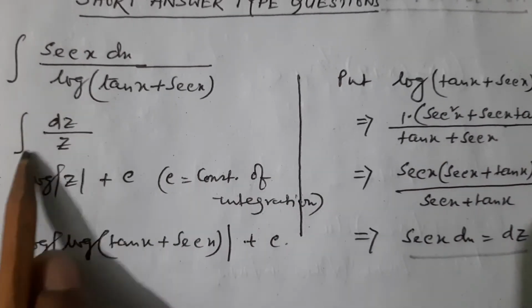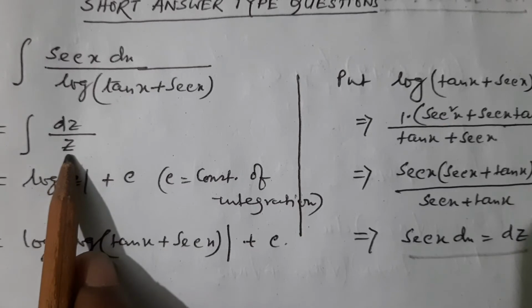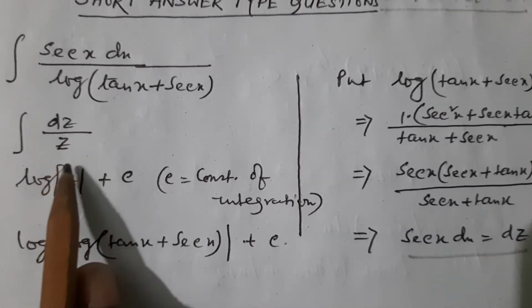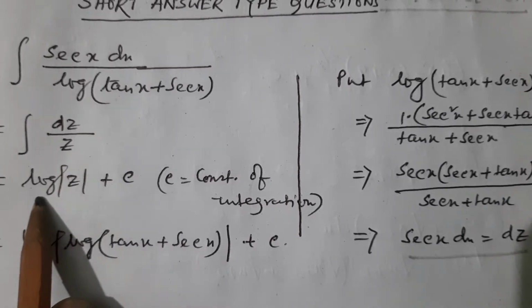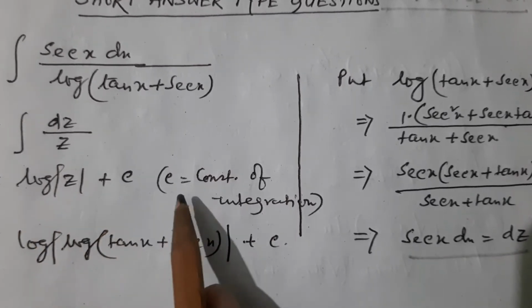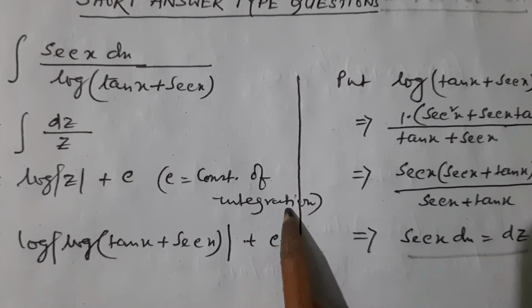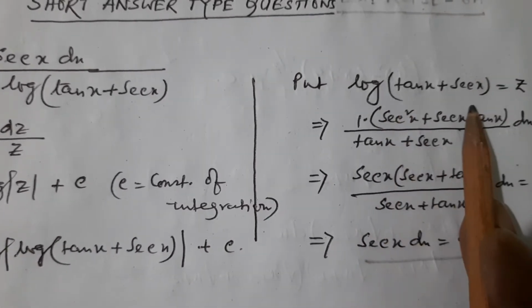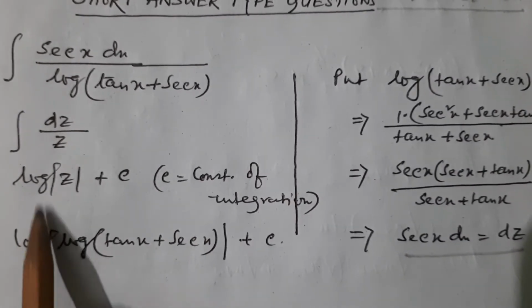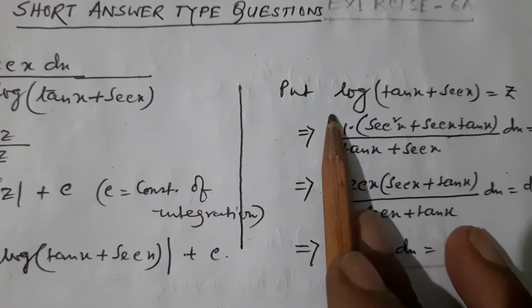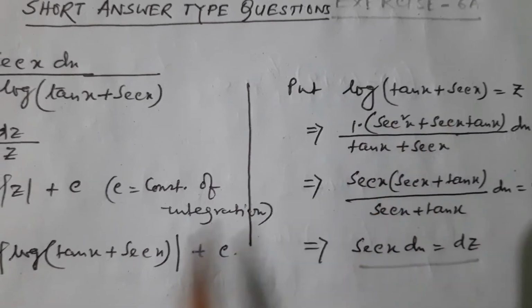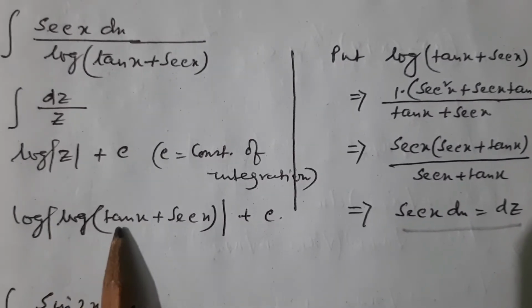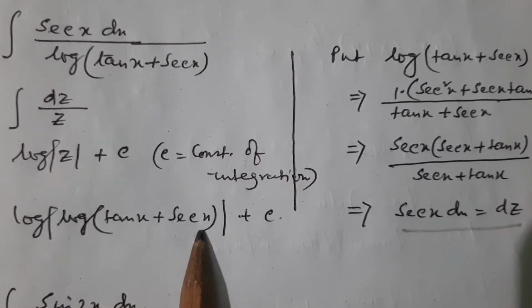So we get integration of dz by z, and we know integration of dz by z, like integration dx by x, equals log of mod z plus c, where c equals constant of integration. And we substitute the value of z, that is log of tan x plus sec x: log of mod of log of tan x plus sec x plus c.